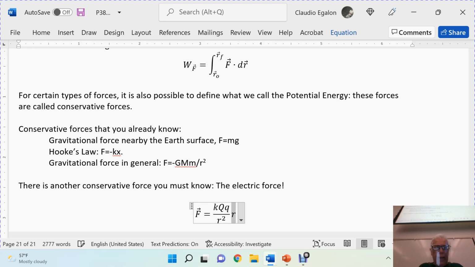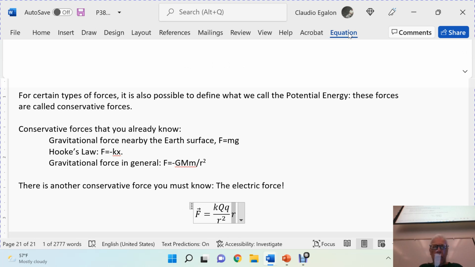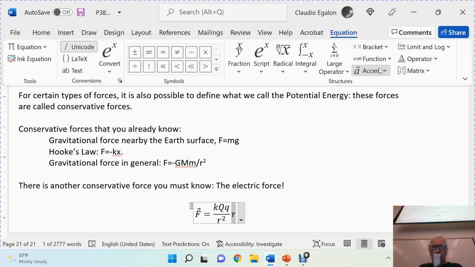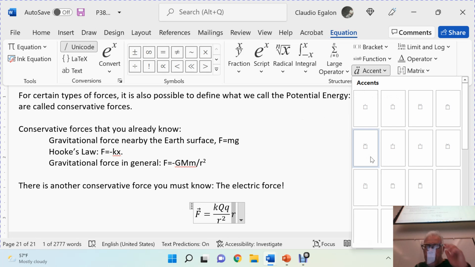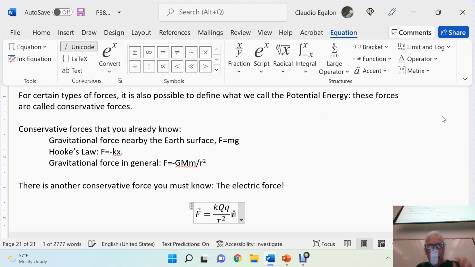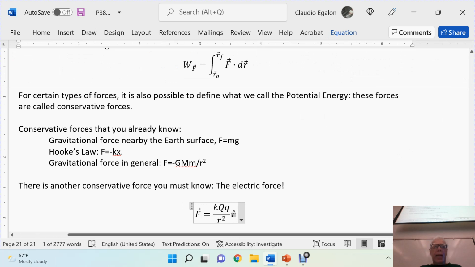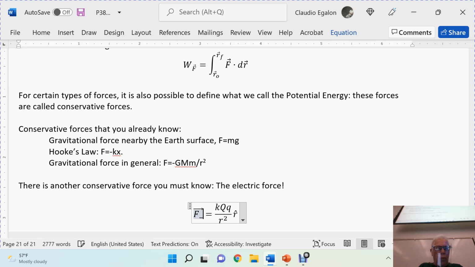Okay, I didn't put the notation right. Force of 1 on 2, let's do the notation like that.